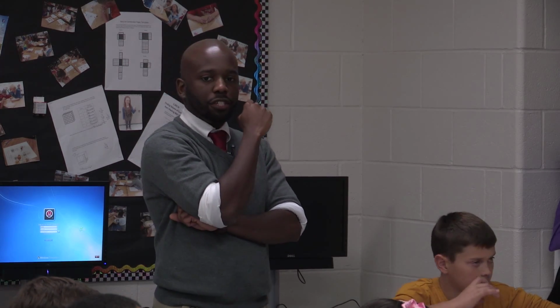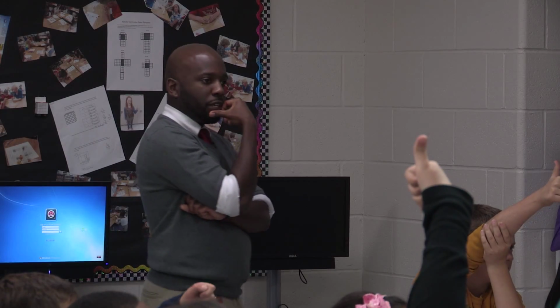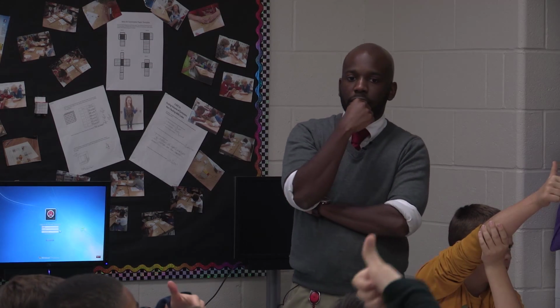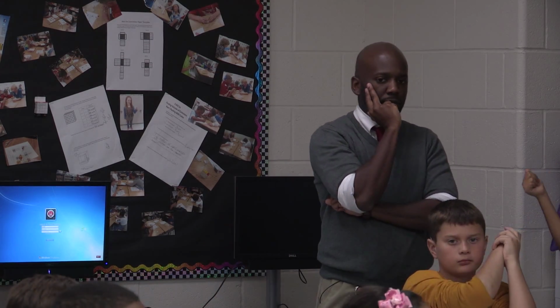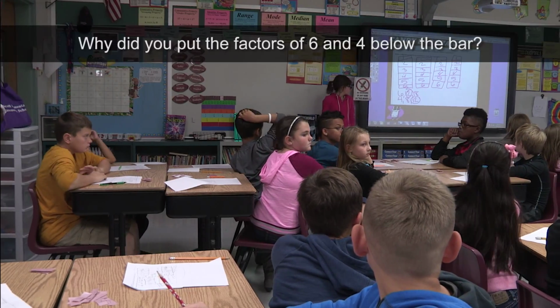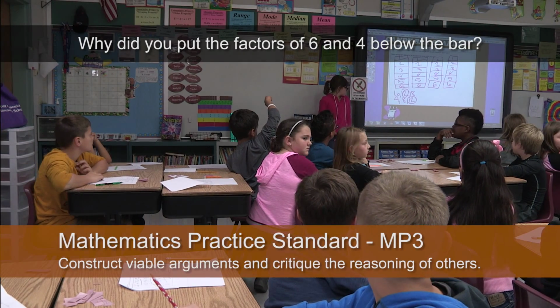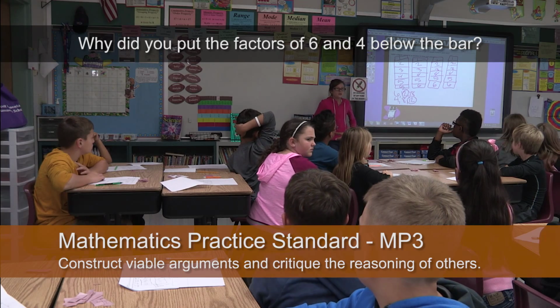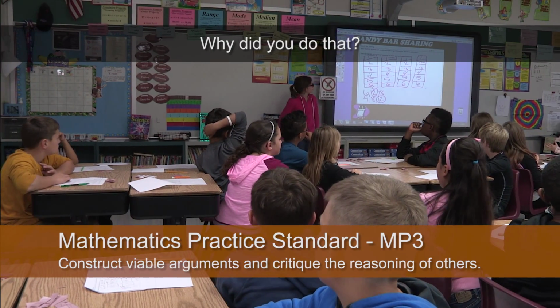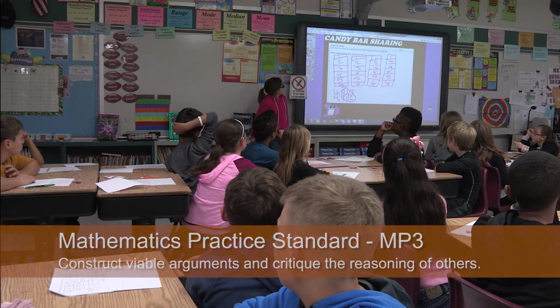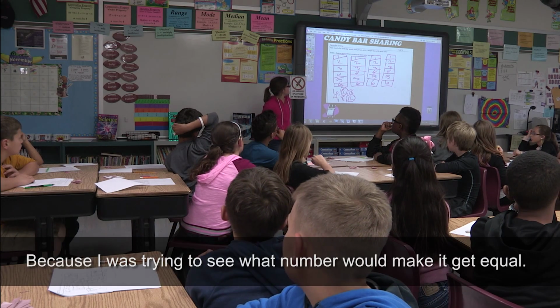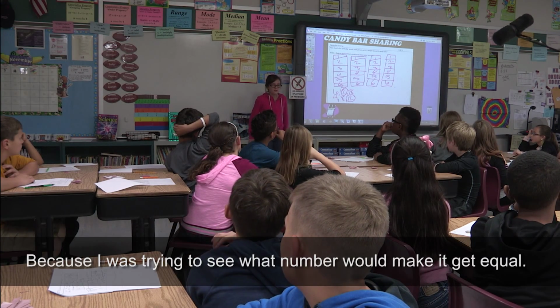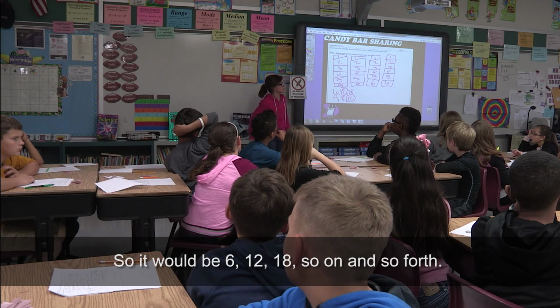Okay, any challenges? So I have a few challenges out here, okay? Stephanie, what are you challenging? Why do you put the factors of 6 and 4 below the box? Why did you do that? Because I was trying to see what number would make it get equally, so 6.